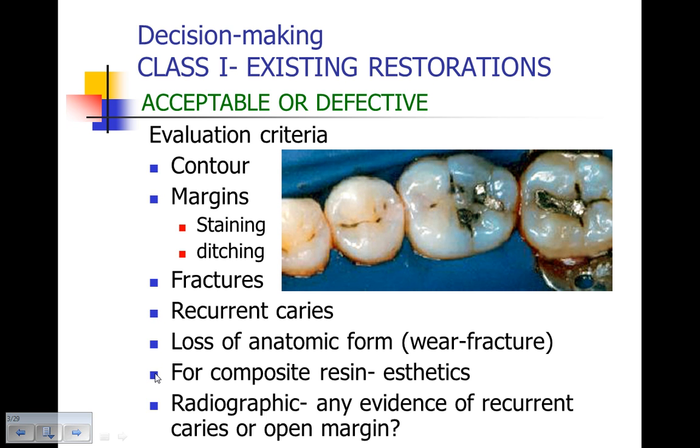Has the composite picked up stain? Has it yellowed and changed color? And radiographically, we're looking for any evidence of recurrent caries, any open margins, and we're also looking for signs of initial caries.